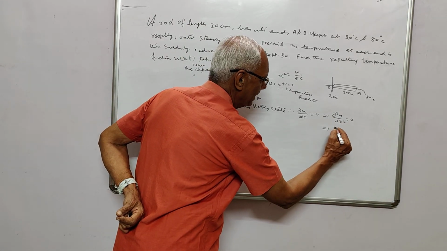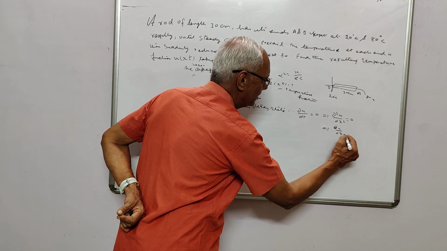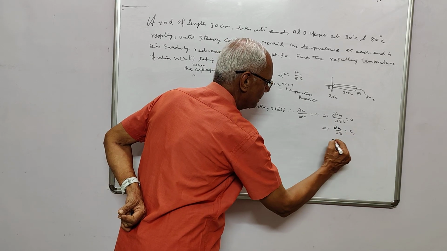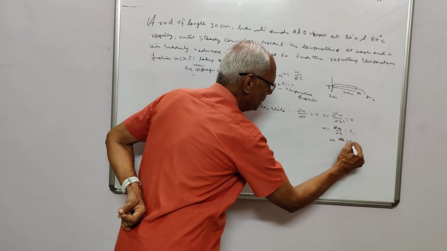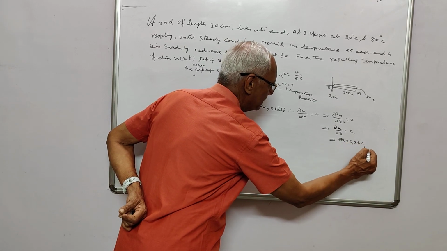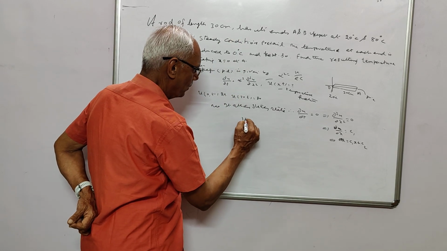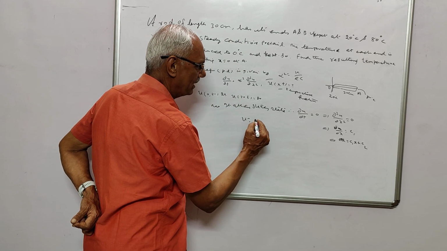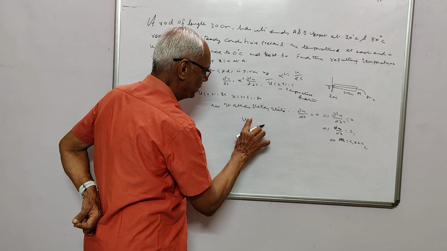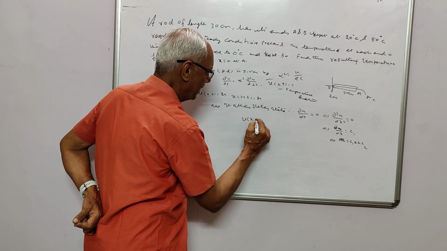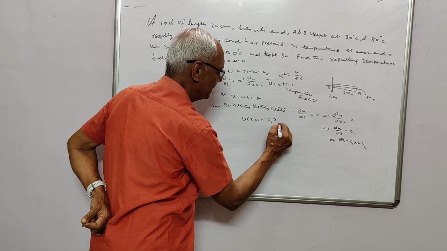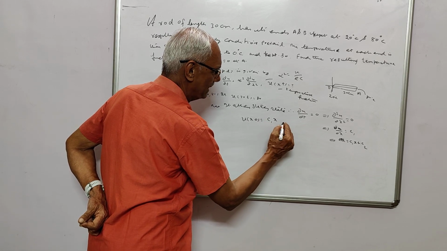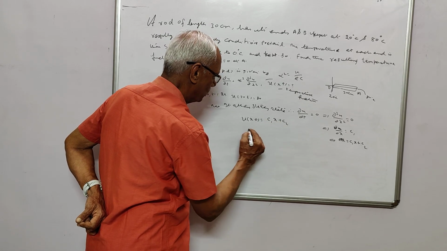You will find that dou u by dou x is equal to C1, which implies u is equal to C1x plus C2. So we have got this u when it attains a steady state.